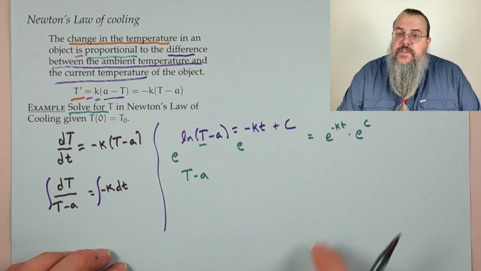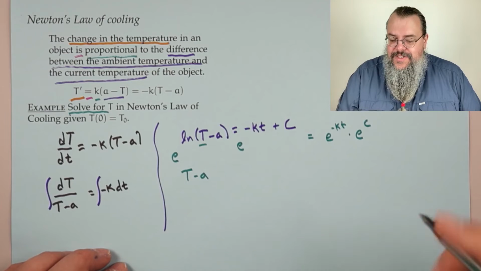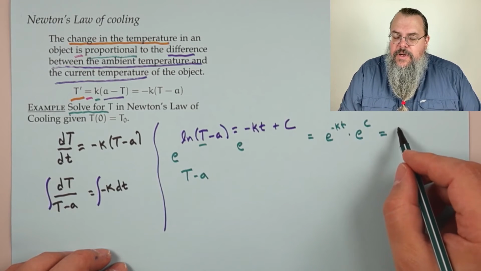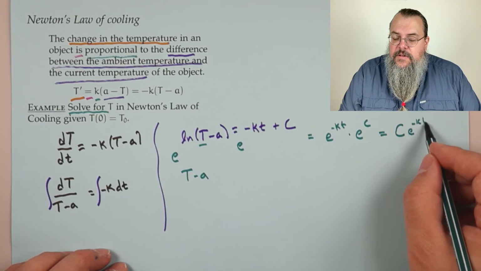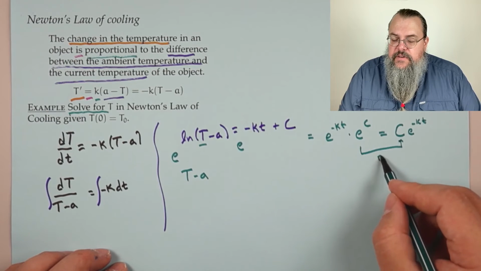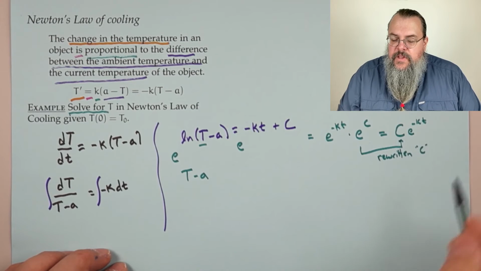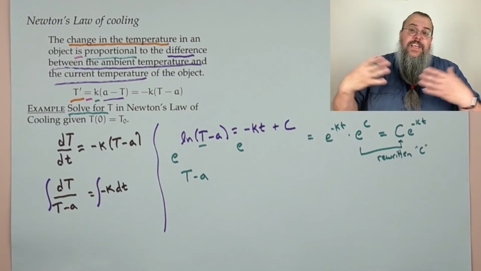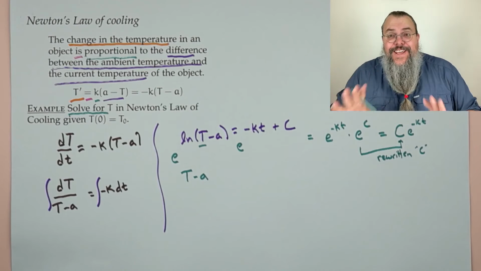And e to a constant is a constant. Constants can absorb constants, so I'm going to rewrite this, and I have a tendency to use the same letter, but secretly, I've rewritten C. So that what we used to call e to the C is now what we're calling C. If that's uncomfortable for you, that's okay, and I understand that.